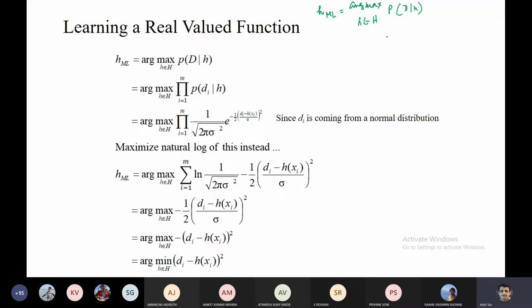Now, what do you mean by this? There is a data sample, let's say M data samples.